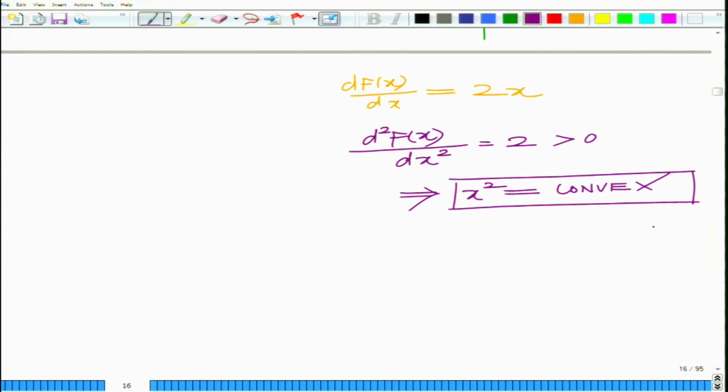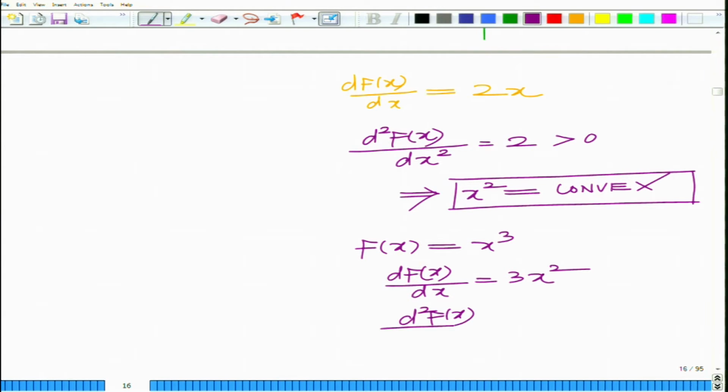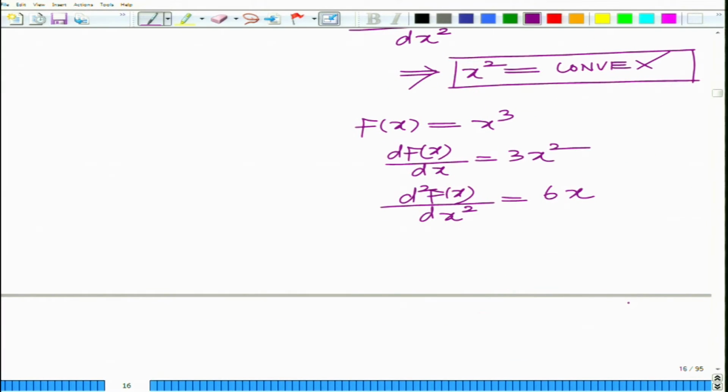On the other hand, if you take f of x equal to x cube, you will notice that df(x)/dx equals 3x square, and the second order derivative d square f(x)/dx square is 6x, which is greater than or equal to 0 only if x is greater than or equal to 0.